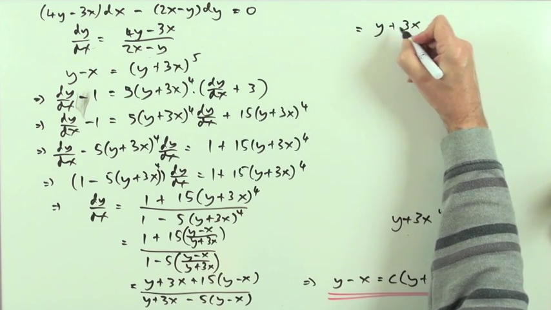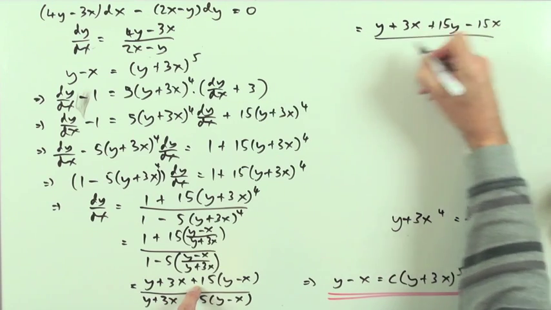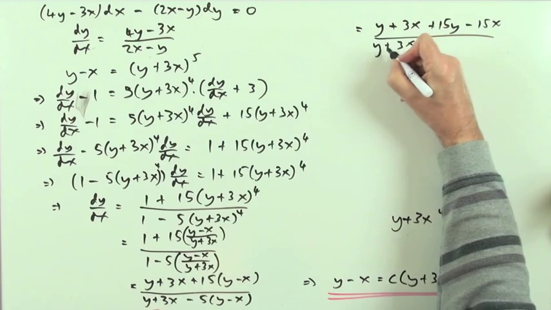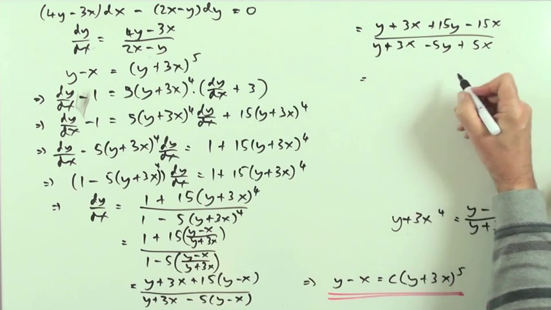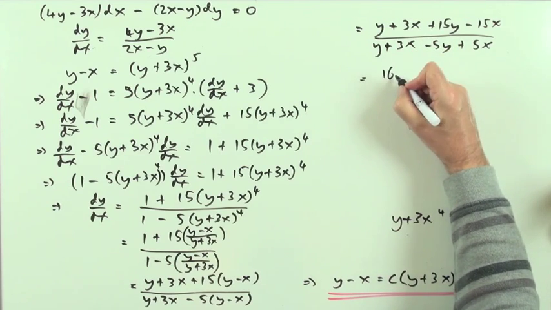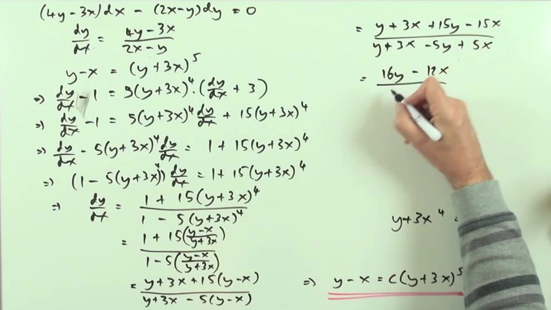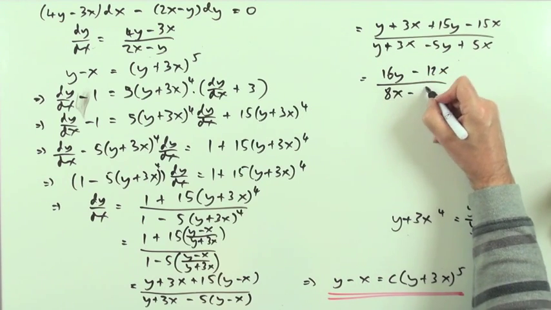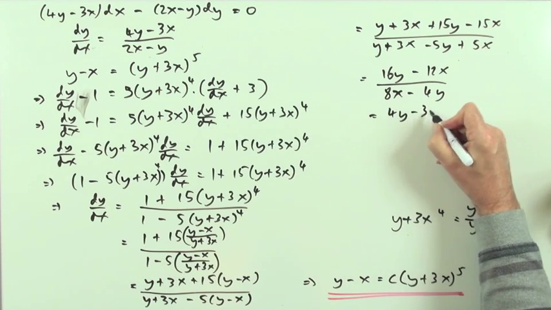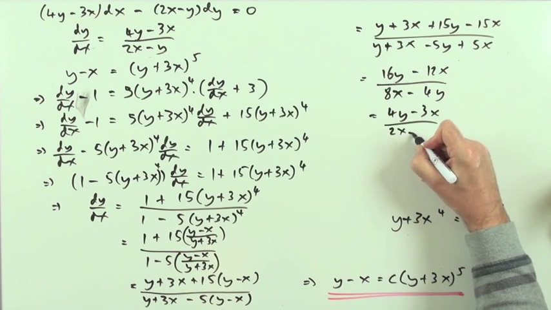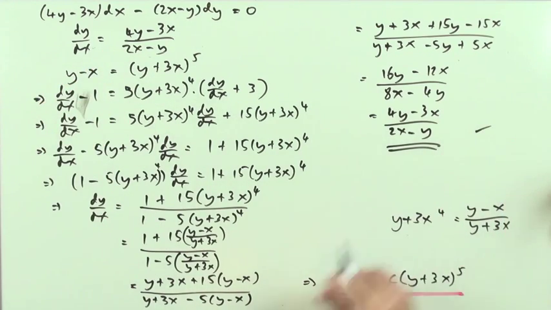I've got y plus 3x plus 15y minus 15x over y plus 3x minus 5y plus 5x. So we'll put the y terms first here, so I've got 16y minus 12x over, put the x term first here, 8x minus 4y, dividing everything by 4, and I've got 4y minus 3x over 2x minus y. Exactly the same. Ta-da! And there it is.